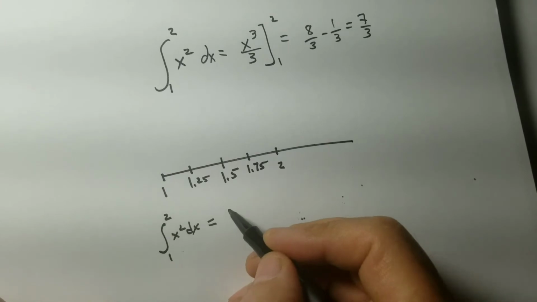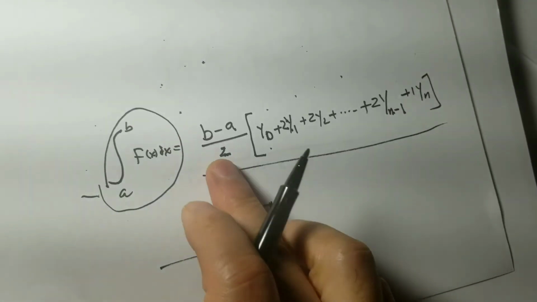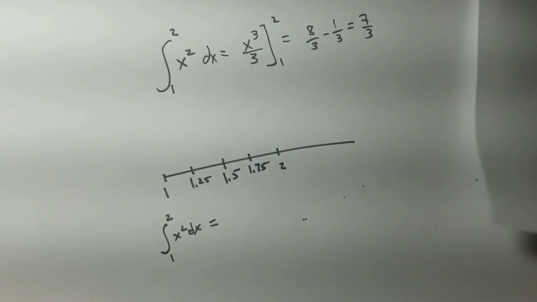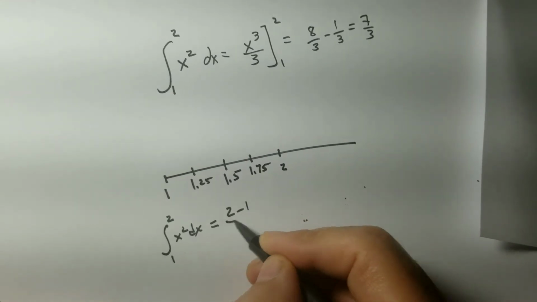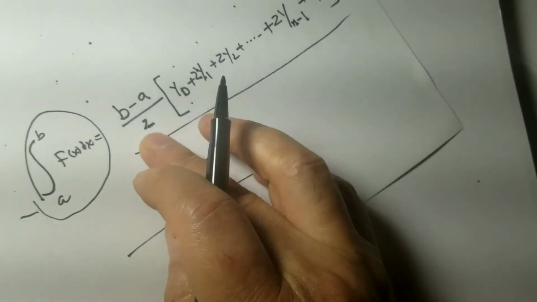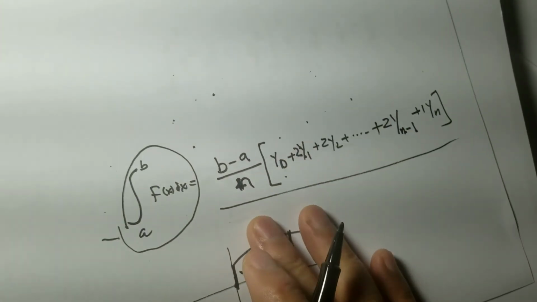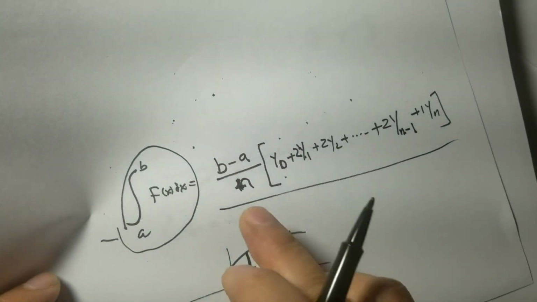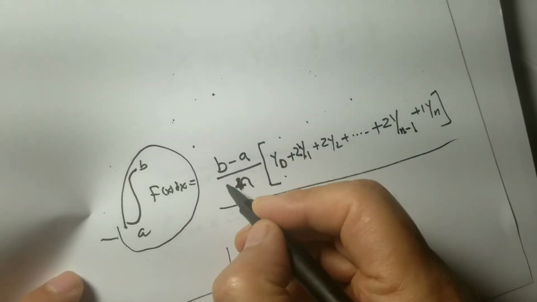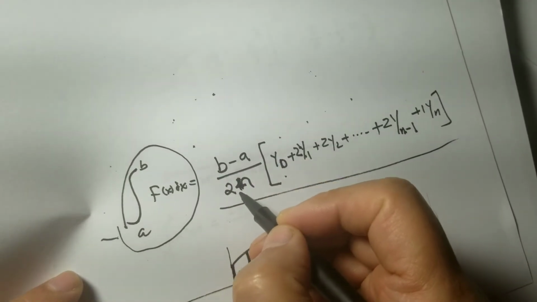It is b minus a divided by n. That should be n, not 2, because I'm dividing by n. I forgot that. I'm sorry.